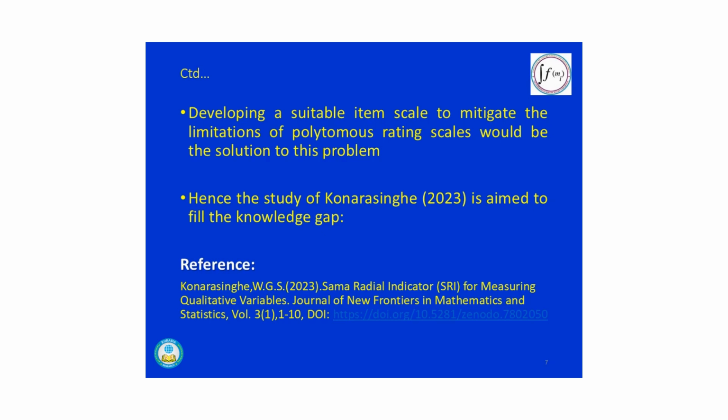The study is Konarasinghe 2023, the reference is given below. It is developing the SAMA radial indicator for measuring qualitative random variables. Go to the article and you can see the complete development.